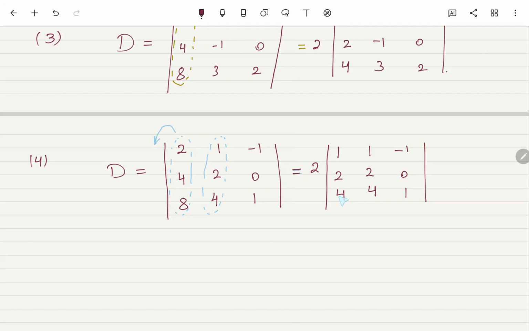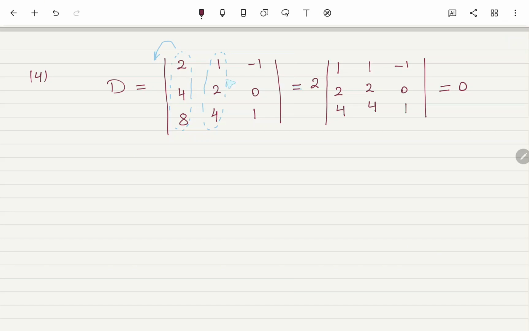By looking at the new determinant here, you will see two columns are identical, then the value for this whole determinant will be equal to 0.